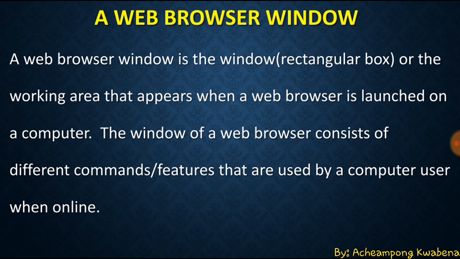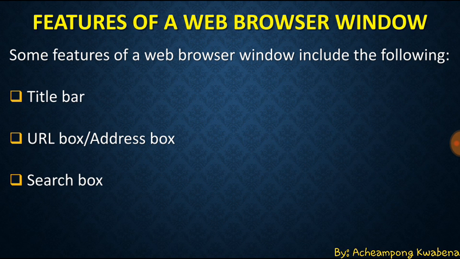So now let's look at some of the things we can find in the browser window. The first one is the title bar, and I hope you know what a title bar is. We always say that a title bar is the first bar seen on top of most windows on the desktop when an application or a file is opened on the computer.